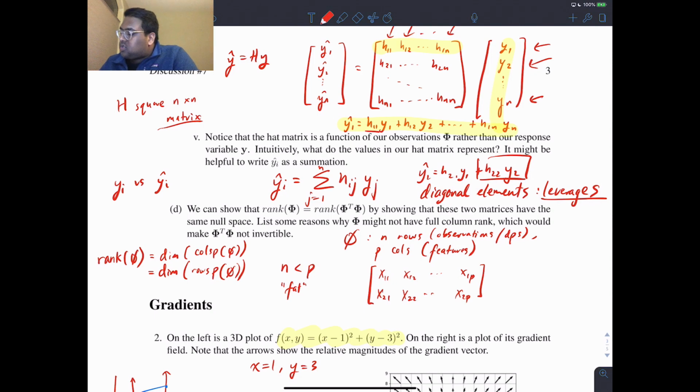Okay, and so just to write that explicitly, when some features are linear combinations of one another. Okay, I think I might have said gross profit as opposed to gross income, but whatever, that's not the point, right? The whole point is if some features are linear combinations of one another, then phi will not have full column rank. Okay, so I think that wraps up question 1.